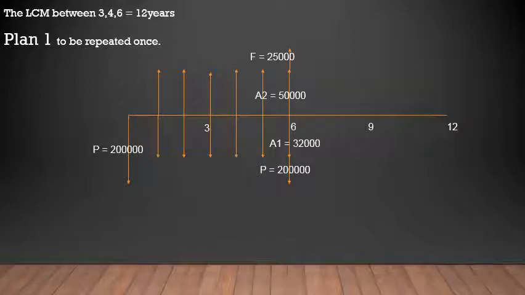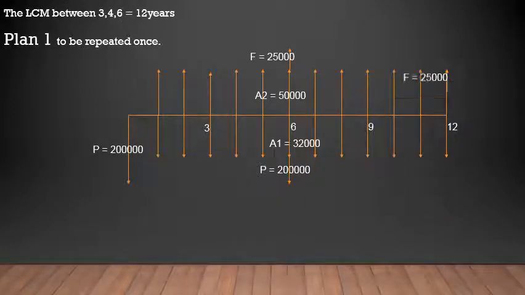Once I reinvest the machine, what will happen? Its operating cost will come, its annual revenue will come, and its salvage value will also appear. It is the same as copy paste. Is that point clear? So this is what we mean by repeated projects method.